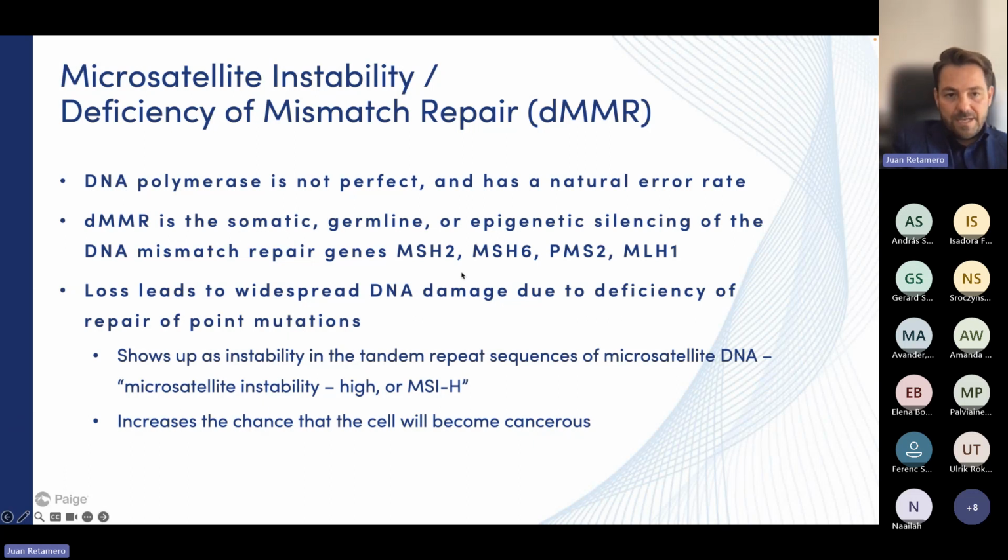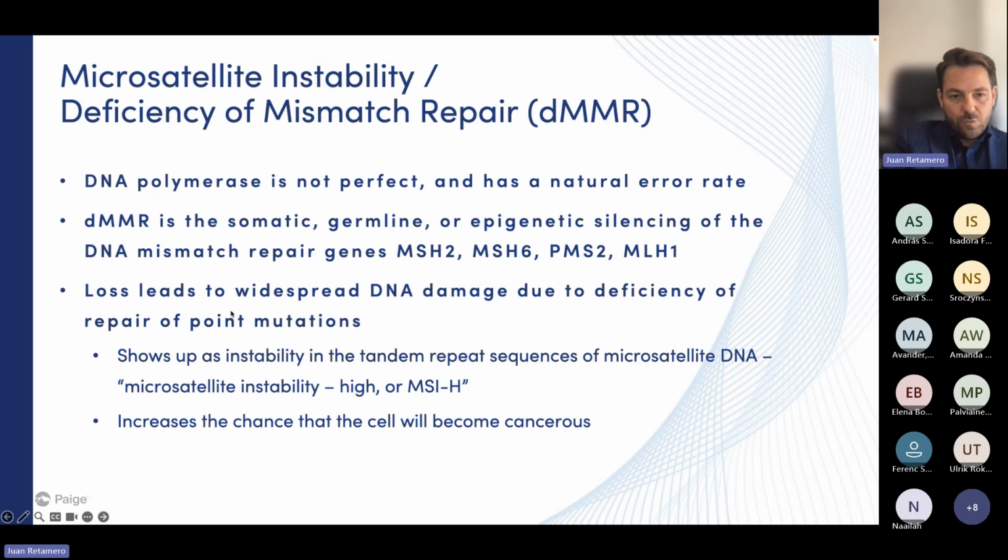The problem is that in some situations, for instance in Lynch syndrome, which is a hereditary deficit of these proteins, the function of repairing the errors made by the DNA polymerase is not as good.